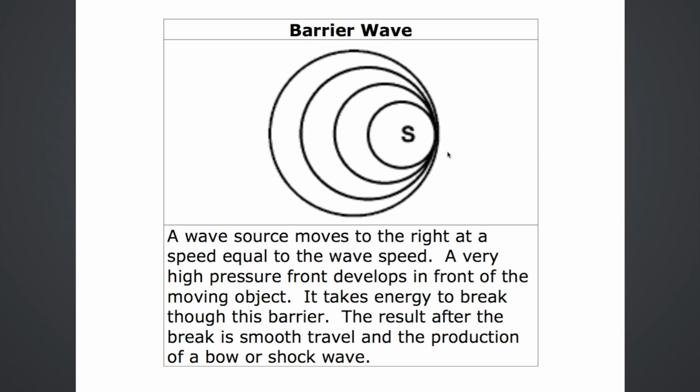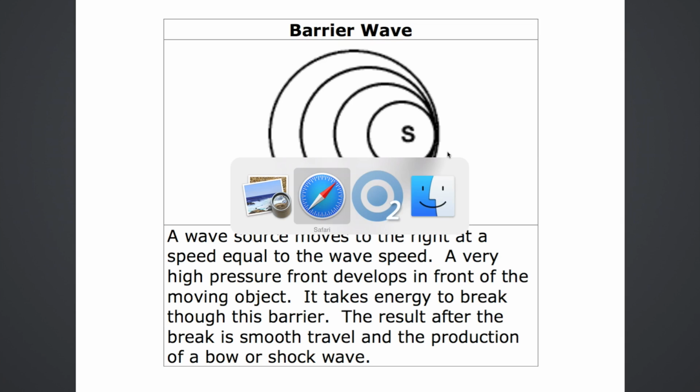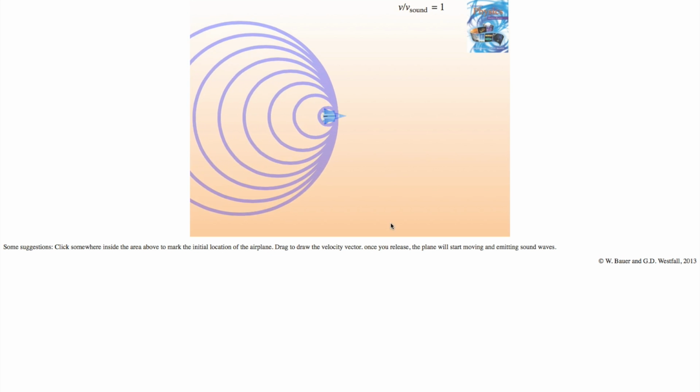Let me show you what that looks like again in animation. So we'll go over here and we'll start this up in such a way we'll be moving at Mach 1, the speed of sound. So I'll be very careful to choose the value of 1, exactly 1, like this. All right, check it out. So now we're moving at the speed of sound.